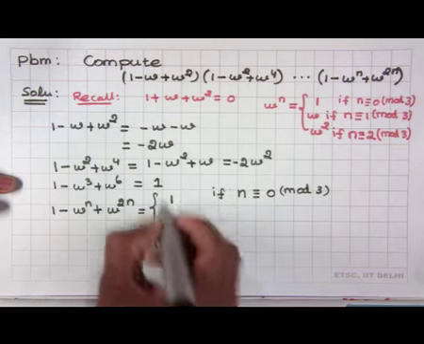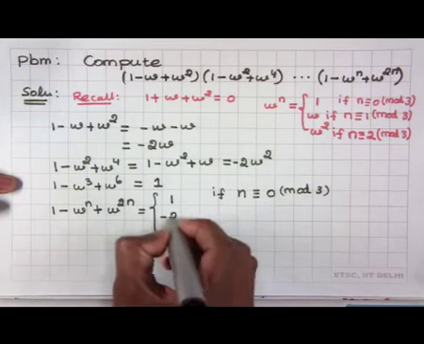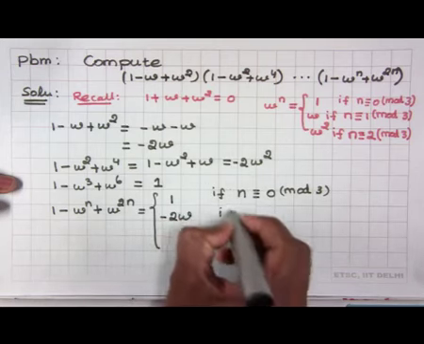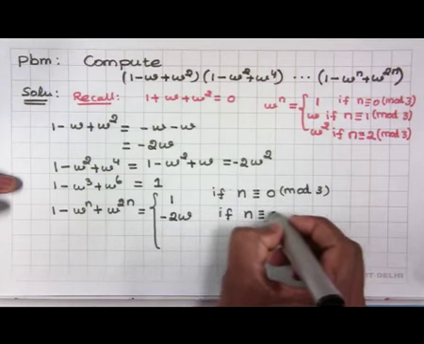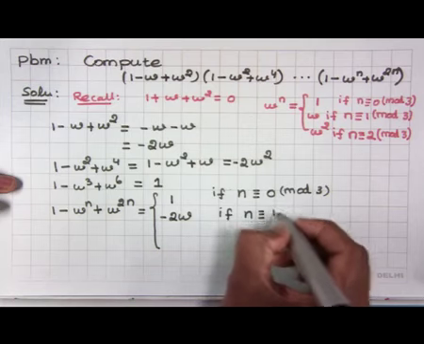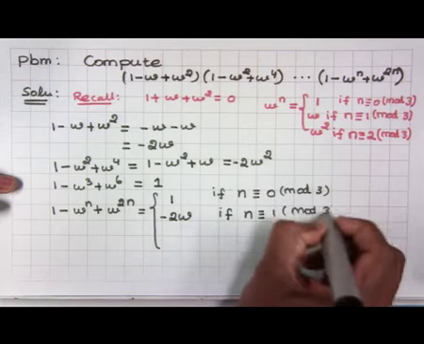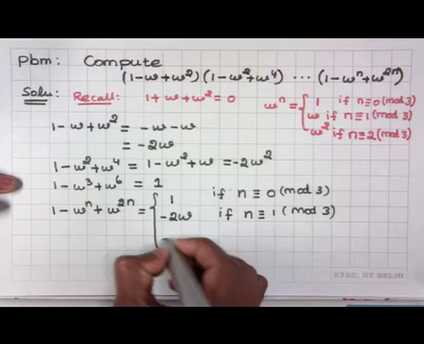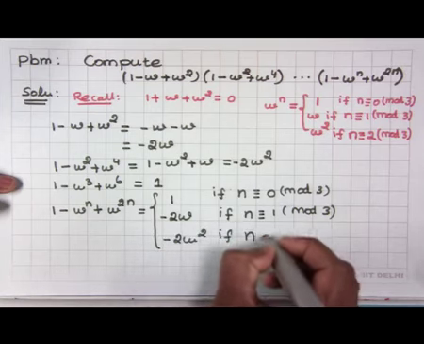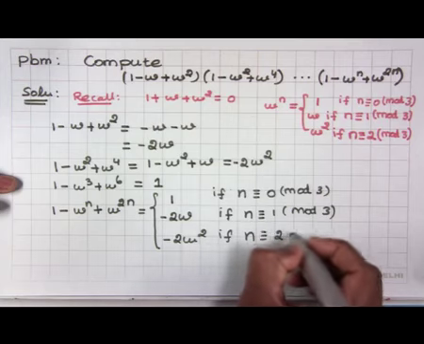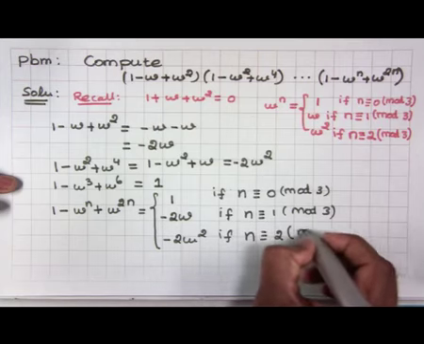And we get minus 2 omega if n is equal to 1 mod 3, and minus 2 omega square if the remainder is 2 when we divide n by 3.